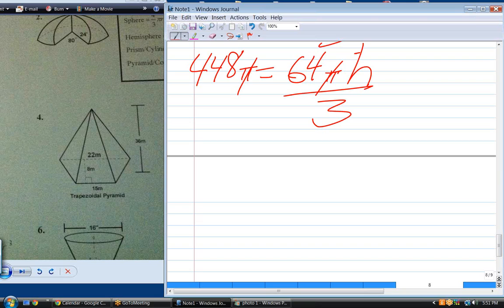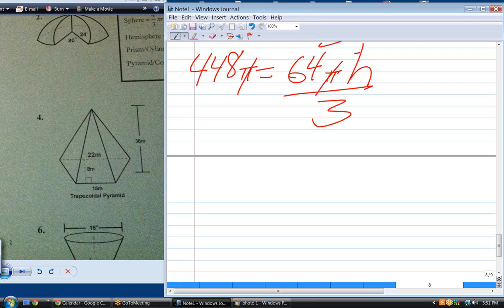So divide both sides by 3? No, the 3 is dividing right now. You always have to do the opposite of whatever those numbers are currently doing. The 64 is multiplying, so we're going to need to divide by 64. But the 3 is dividing, so we're going to need to multiply by 3. And then we divide by 192?